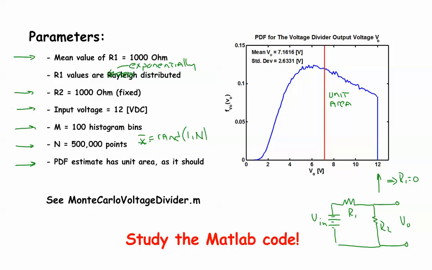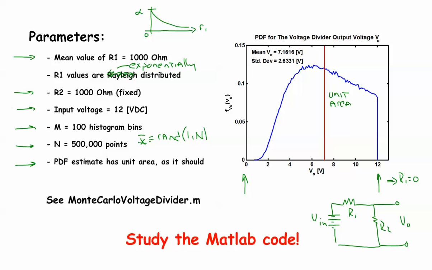As R1 gets larger and larger and approaches infinity with that long exponential tail, the voltage smoothly approaches 0. Remember, my exponential probability density function looks something like this. That'll be R1, 0.